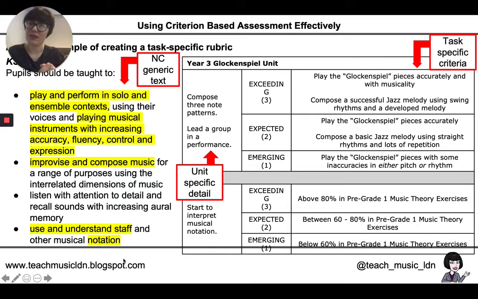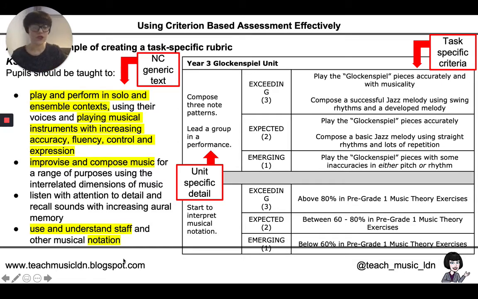For them to be successful at step 2, when it's expected outcomes, to use my school's vocabulary, then perhaps that melody has straight rhythms and lots of repetition. So they've got the idea, it's not incorrect, but it's missing some of those stylistic features that you would expect of swing music, jazz music. Hence, it is only a step 2 and not a step 3.